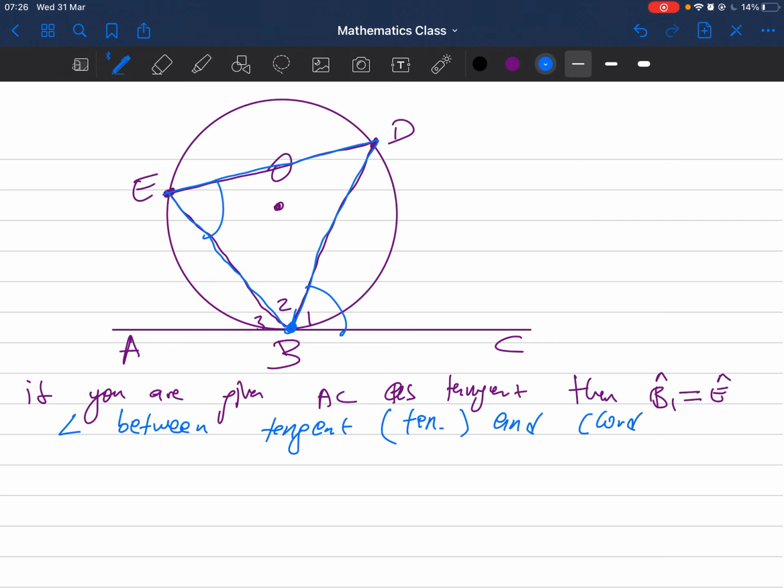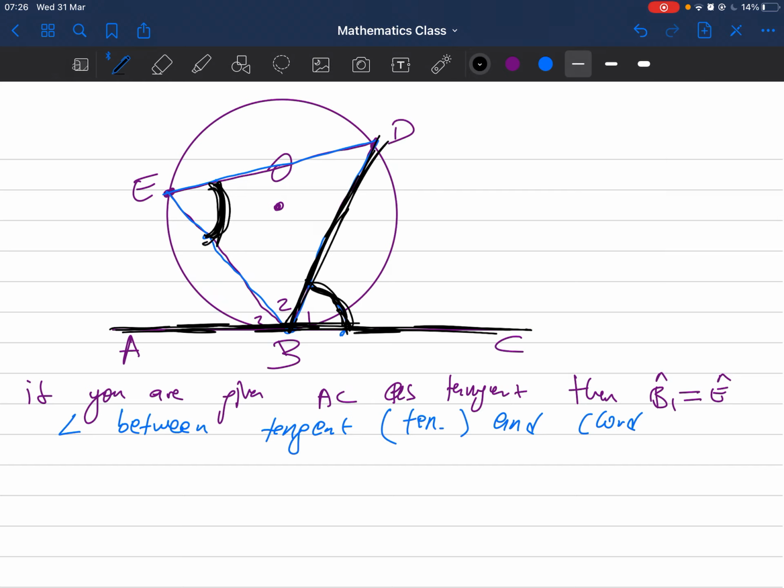So it's an angle between a tangent, this is your tangent, and chord, this is your chord. So it's an angle between a tangent and a chord, this angle here. This angle is equal to this opposite interior angle.